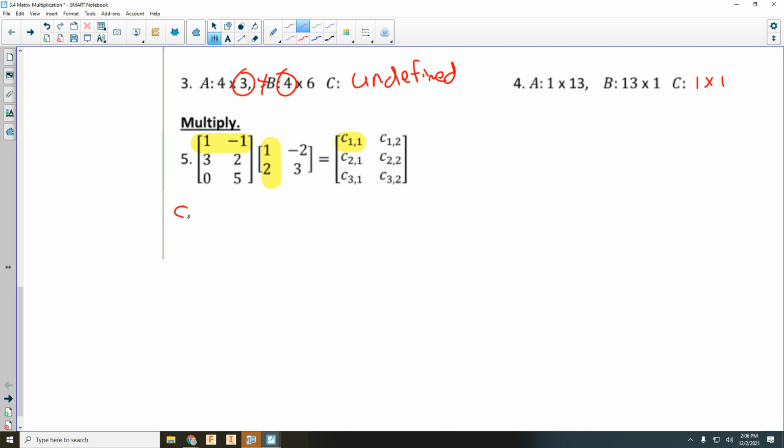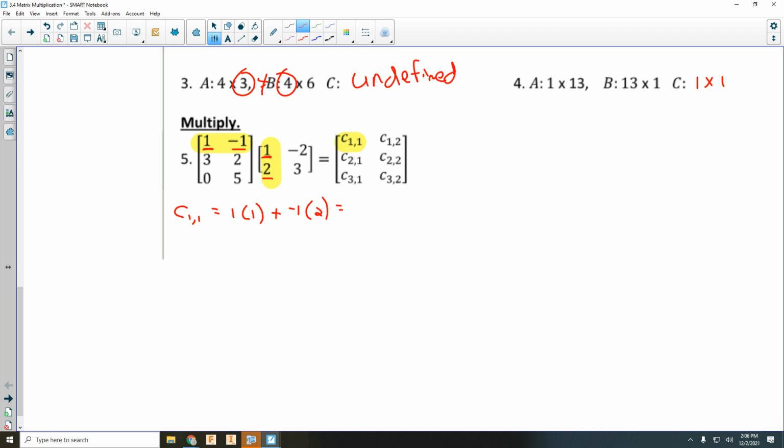So C1,1, the element from matrix C, would be 1 times 1 plus negative 1 times 2. I took the first row, 1 times 1 plus negative 1 times 2. It's the row from the first matrix times the column of the second.